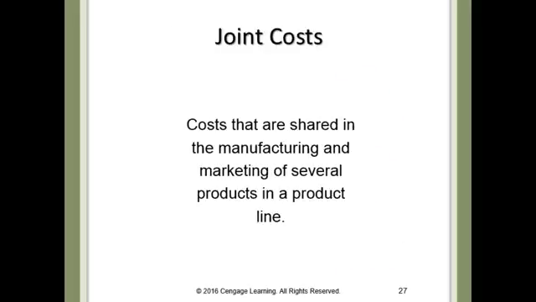Okay, joint costs. With this one, just know that if costs are shared in the manufacturing or in the marketing of several products in a product line, it becomes more difficult to do product pricing.